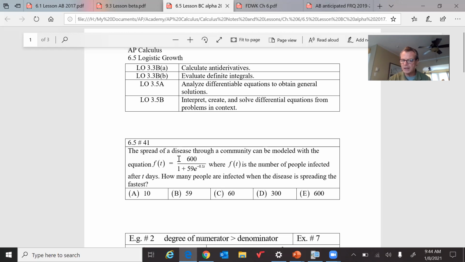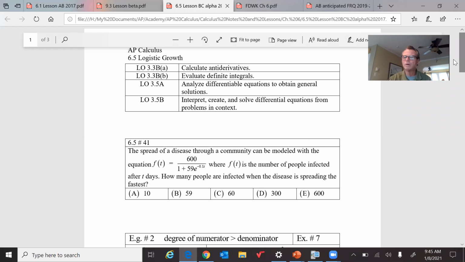But this is like the problem you did with Mrs. Bratz about the fish in the lake, where the fish are growing exponentially until the lake's too crowded, right? And then the growth slows down. So that's what logistic growth is about.